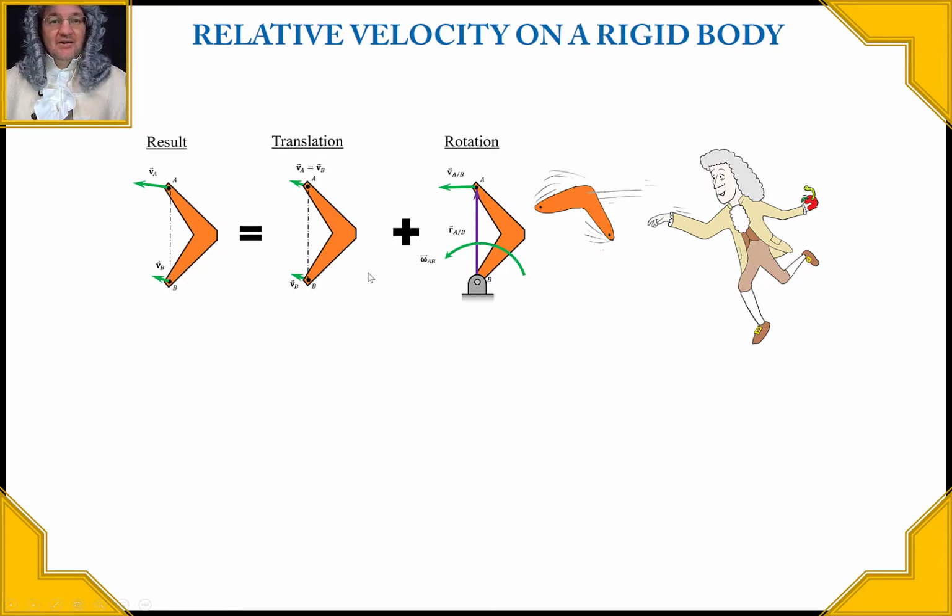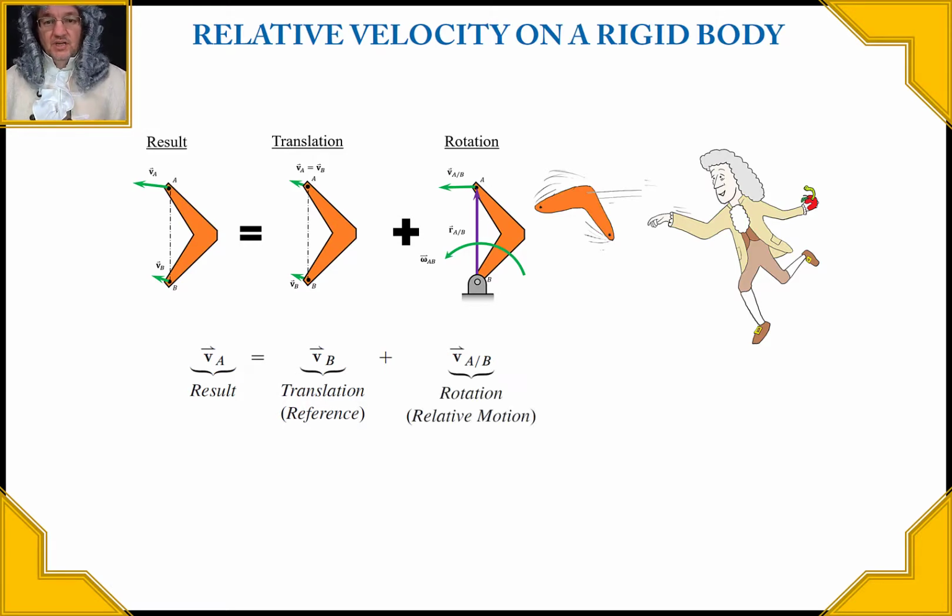And we write this out as an equation as the velocity of A, that's the one we want to find, is equal to the velocity of B, the reference translation, plus the relative velocity right here. Result, translation, which is the reference, plus rotation, which is the relative motion.